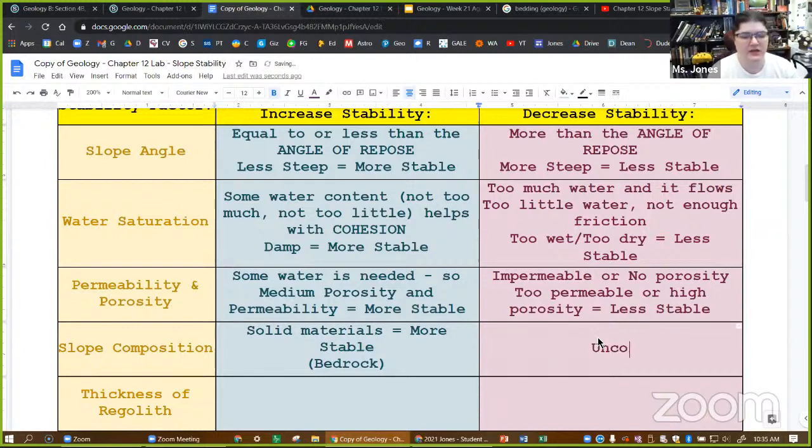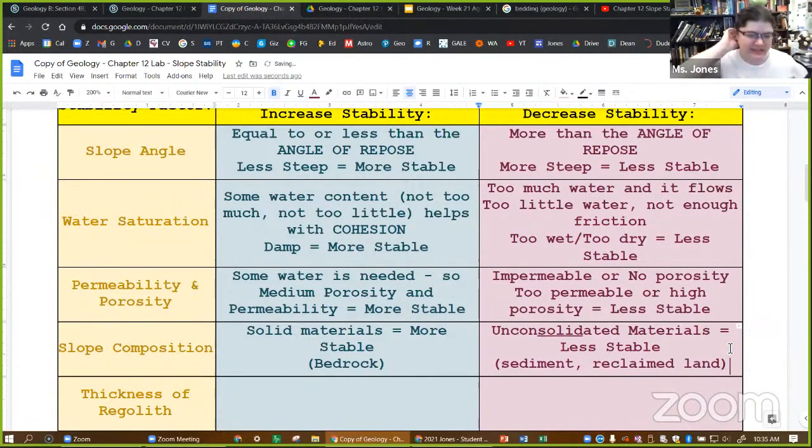While unconsolidated materials, and you notice how the word solid is in there, are less stable. For example, sediment. What's that stuff that they build San Francisco on? Basically reclaimed land. Anything that's not solid bedrock is going to be less stable.